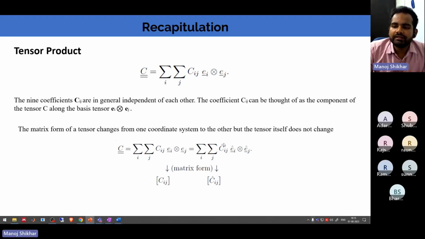Let us assume 4 by root 3. So overall, when we calculate the tensor C, it will be the same, but the individual components in matrix form, like Cij and Cij hat, will be different. In some cases they may be equal also, but in general they will be different.